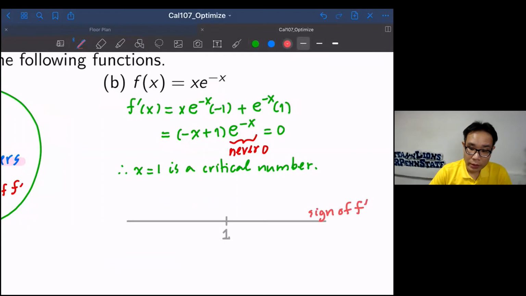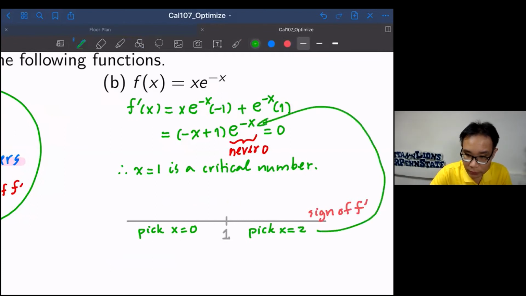You pick one number in each interval: x equal to 2 here, and x equal to 0 here, and plug them into this derivative.